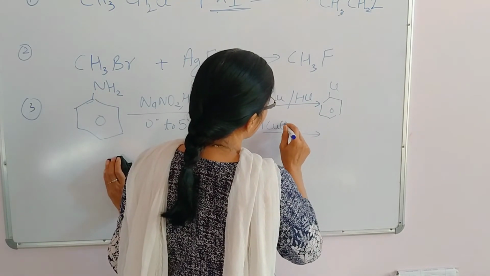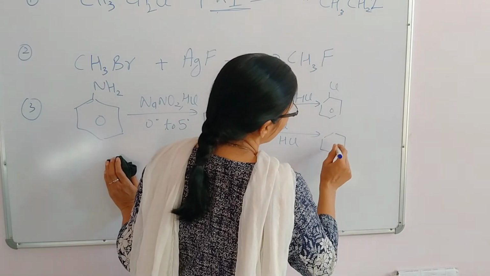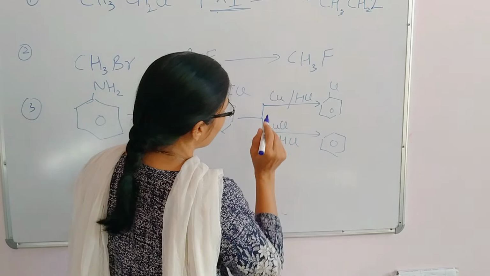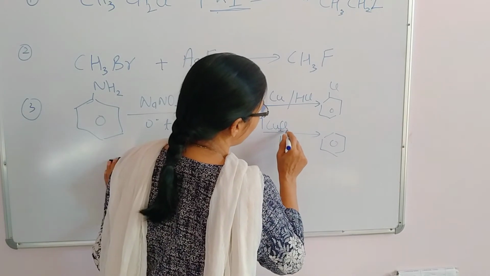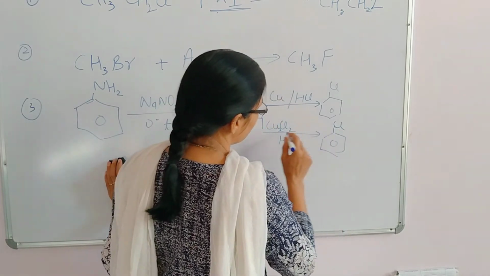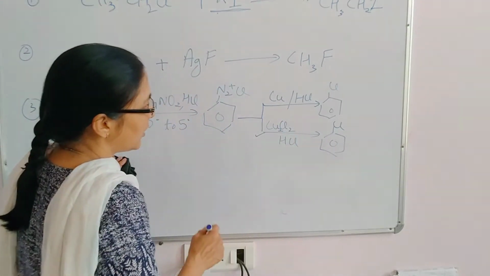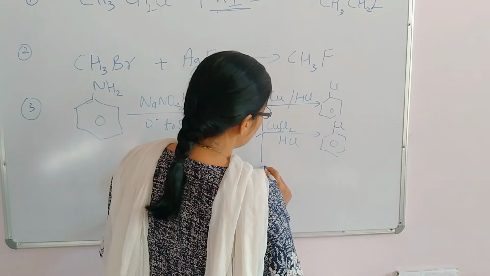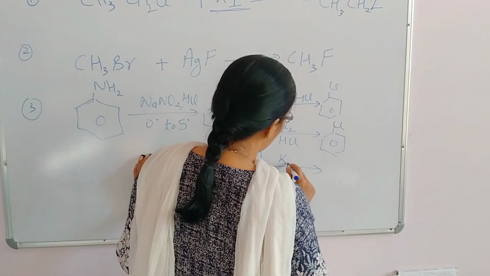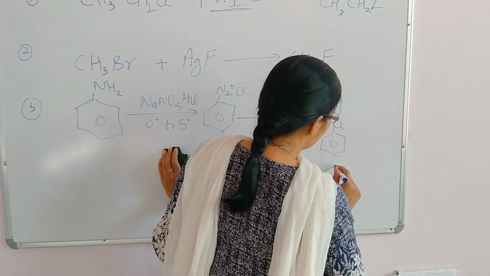Instead of Cu, we are taking CuCl in a few cases, Cu2Cl2, along with HCl. This reaction is the Sandmeyer reaction, and this reaction is the Gattermann reaction. Along with this, suppose only KI is taken, there will be formation of the iodo compound.